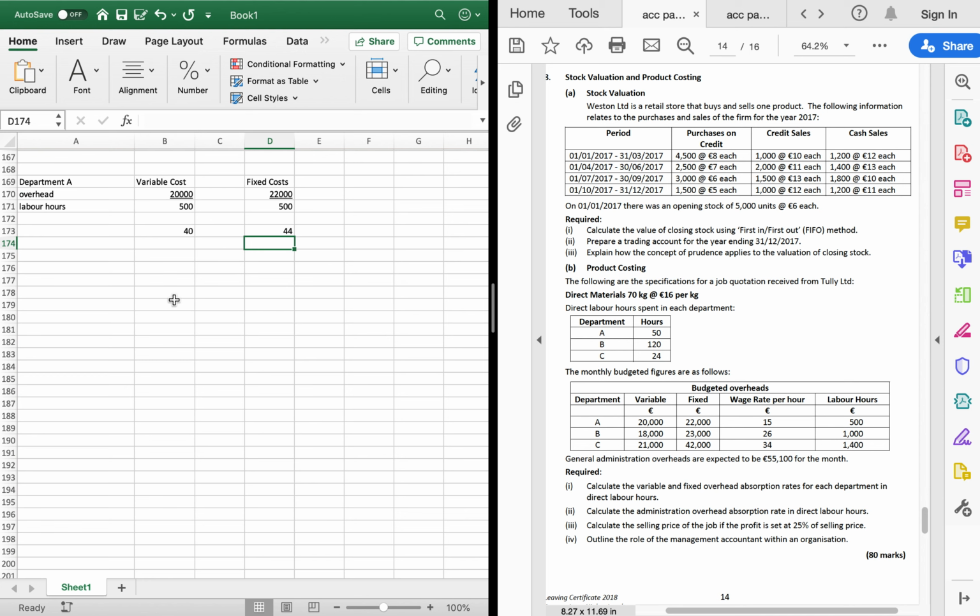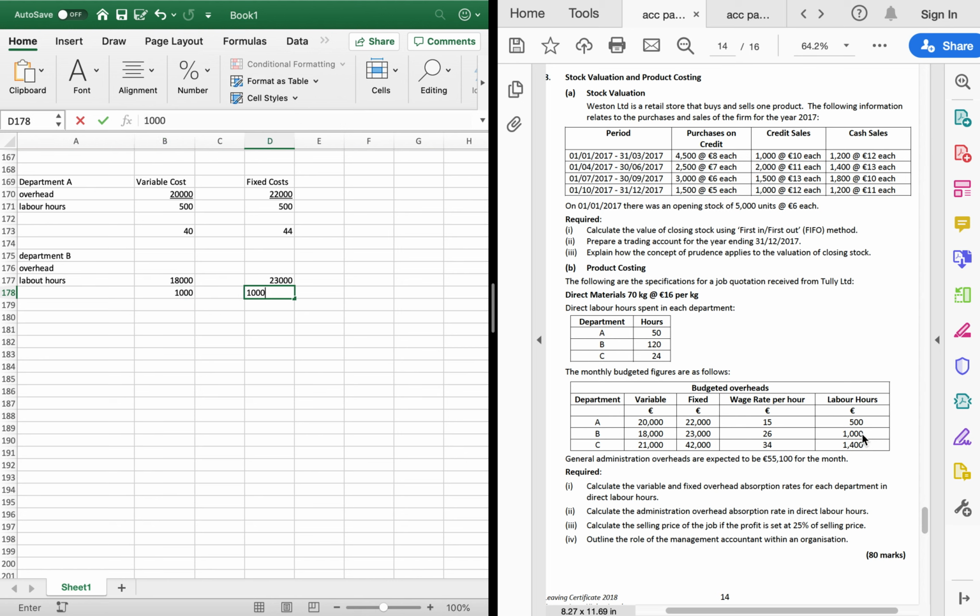So for Department B, same thing, overhead and labor hours. The costs are 18 and 23 this time. And the hours are 1,000.